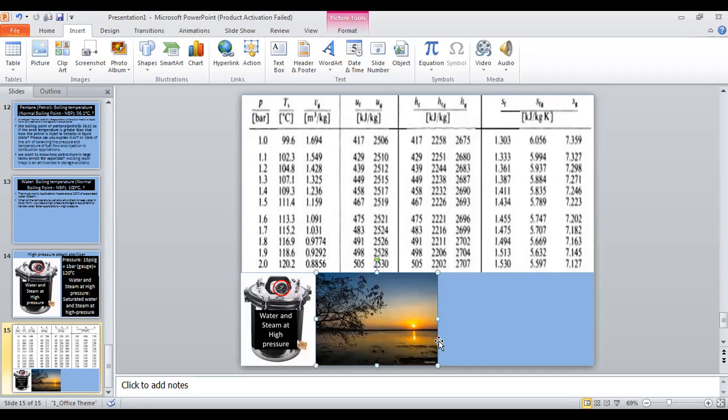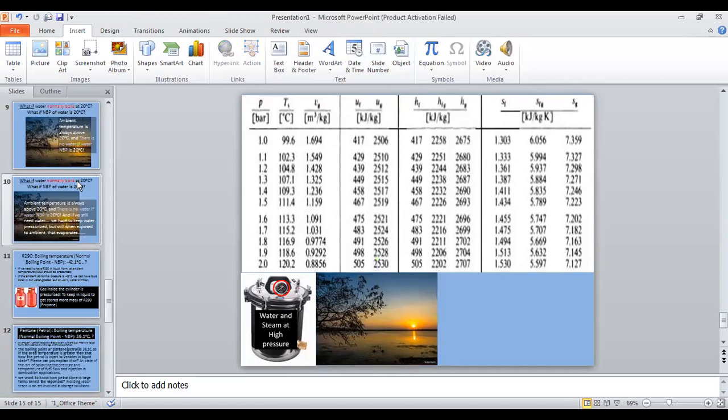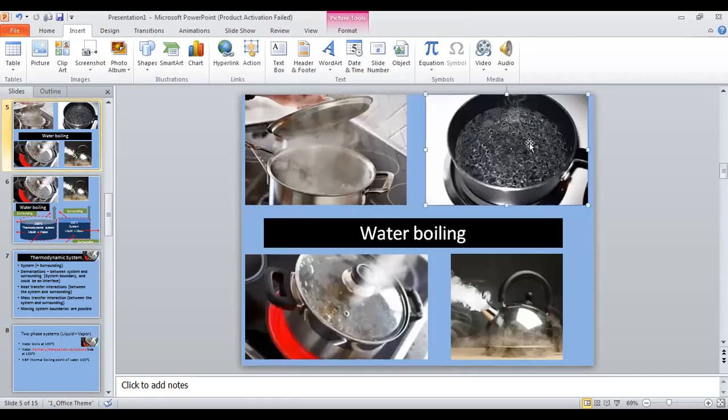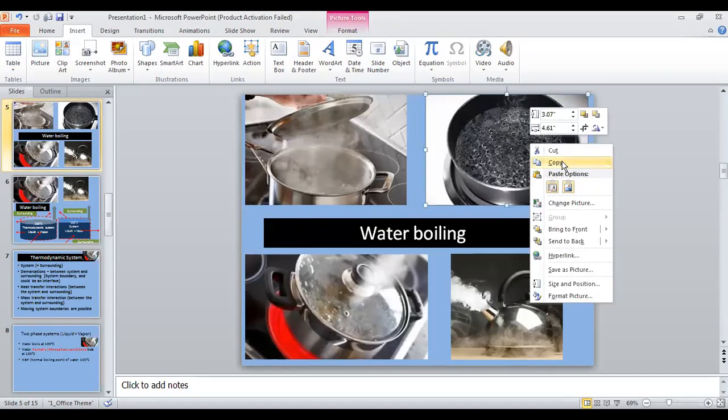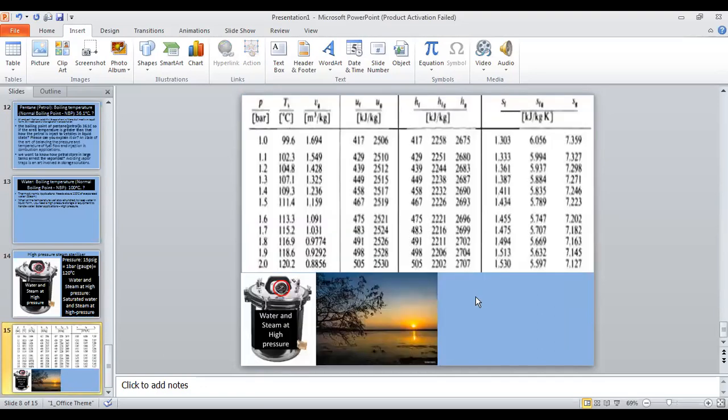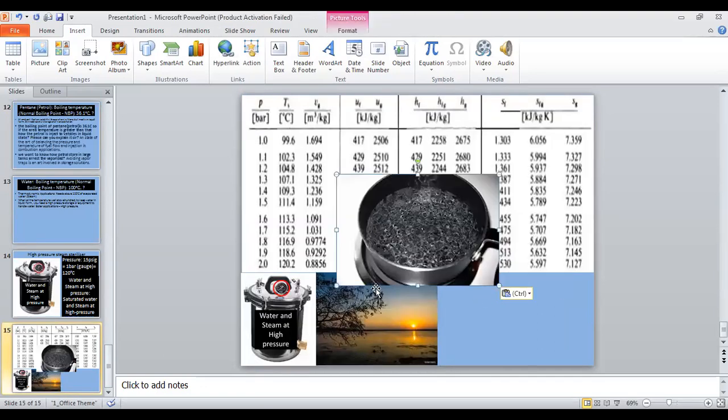Okay. So at this pressure, when you heat up water, your water boils at 100.